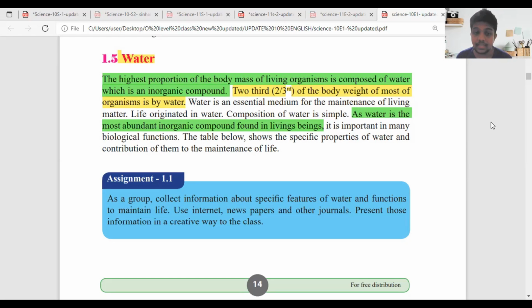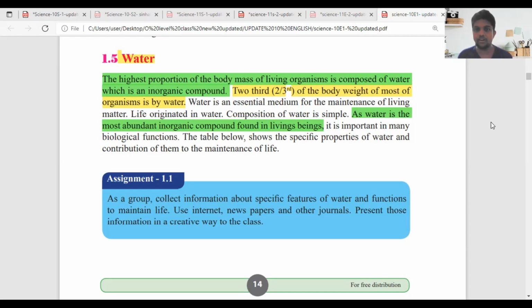Water is the most abundant inorganic compound in living beings. Inorganic compounds include gases, carbonates, bicarbonates, minerals, and water, and water is the most abundant of them. In this chapter, we are learning the basic properties and the importance of water.